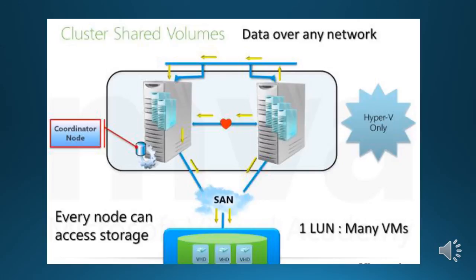But providing multiple access for multiple services on a single disk significantly simplifies the storage management. We no longer have to worry about particular services being bound to particular disks, as many services or many VMs can run on a single LUN.